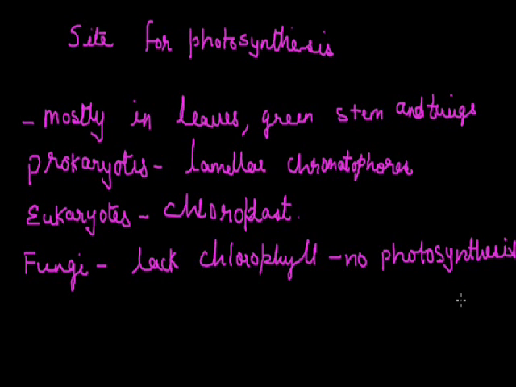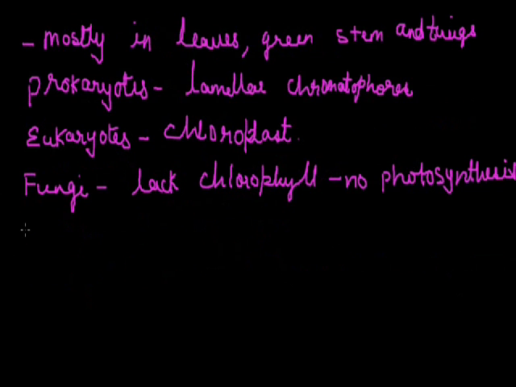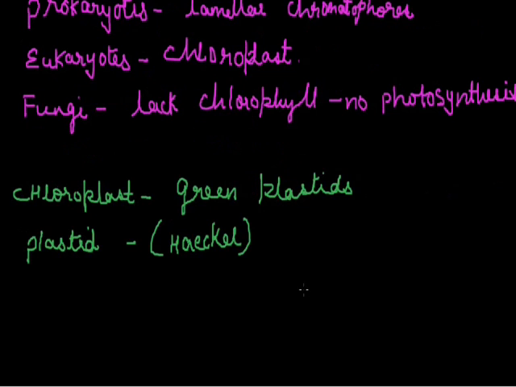In higher plants, chloroplast is the main site of photosynthesis, as we just talked about. Chloroplast is also called the green plastid. Plastids can be of three different types depending on the pigment they contain.